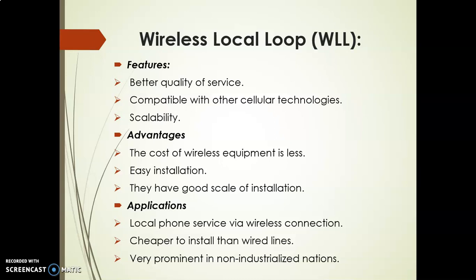The first is the cost of wireless equipment is less, and because of that it has an easy installation, and the installation rate also is less. Installation process is easy for WLL system. They have good scale of installation.